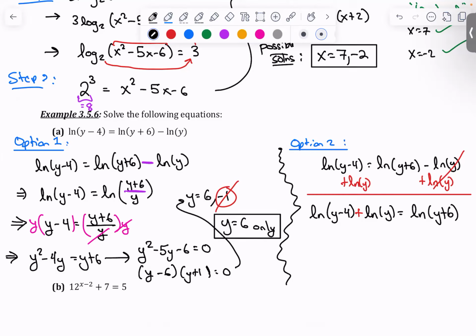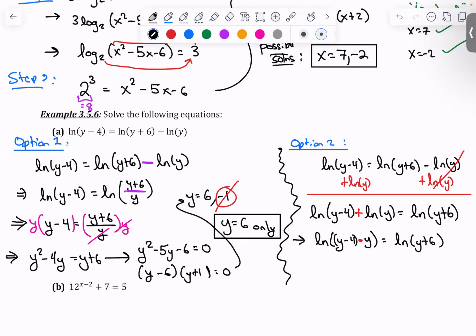And from here, we have addition on the outside, which becomes multiplication on the inside. So this becomes natural log of y minus 4 parentheses times y equals natural log of y plus 6.